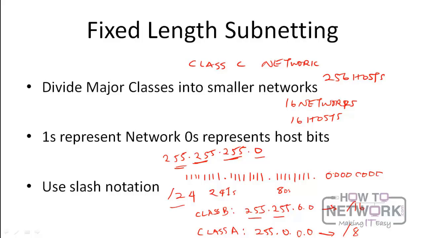Now, this is very useful when you get to fixed link subnetting because we're going to have things like /12 or /29 and things like that. Just counting the number of 1s, and it is very useful for us to get used to converting from the slash notation to the decimal notation or the binary format.